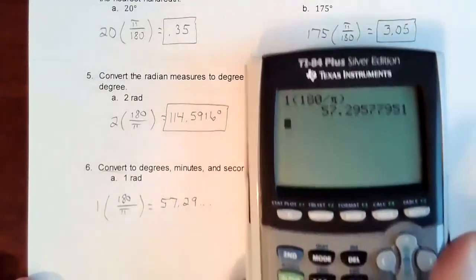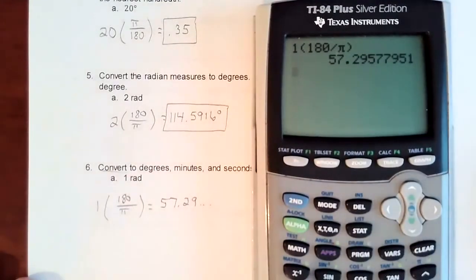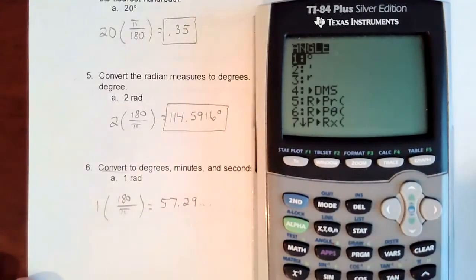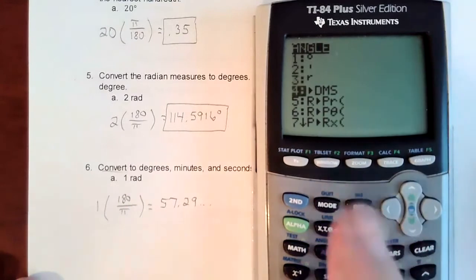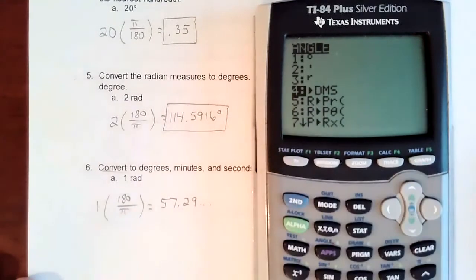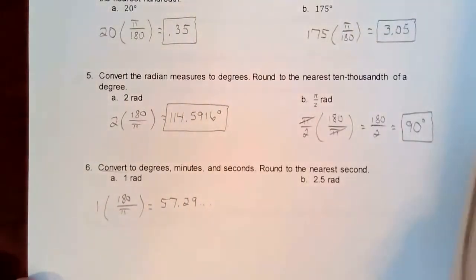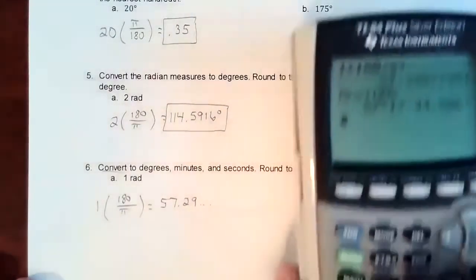So that's just something on my calculator. So I'm going to hit this angle button right there, right above the word apps. So I'm going to go second angle, and we are going to convert, that's what the triangle represents, convert to degrees, minutes, and seconds. So there we go. And then we're going to round to the nearest second, it says.